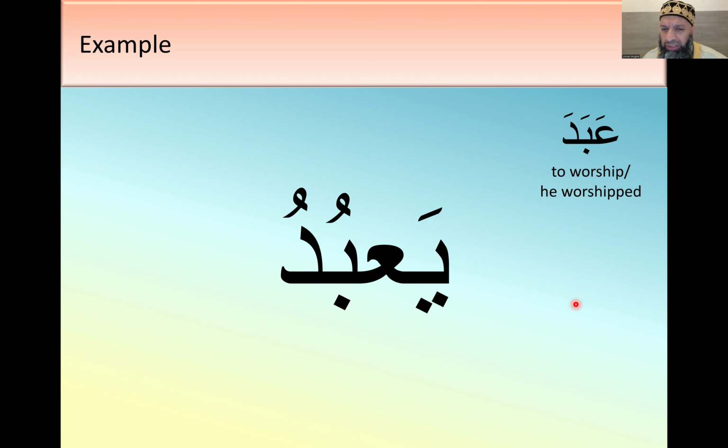So the main thing to make it into present tense is the prefix here. The una only makes it into plural, but this one has to be there to make it present tense. So ya'budu means he worships. Excellent. 8 times.